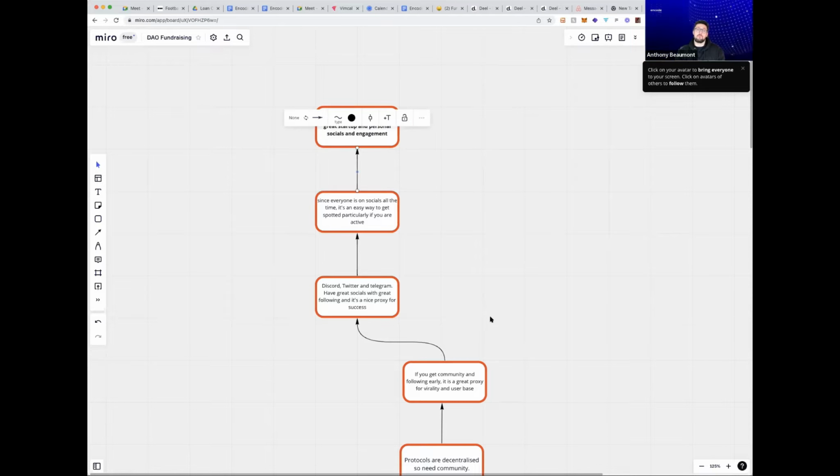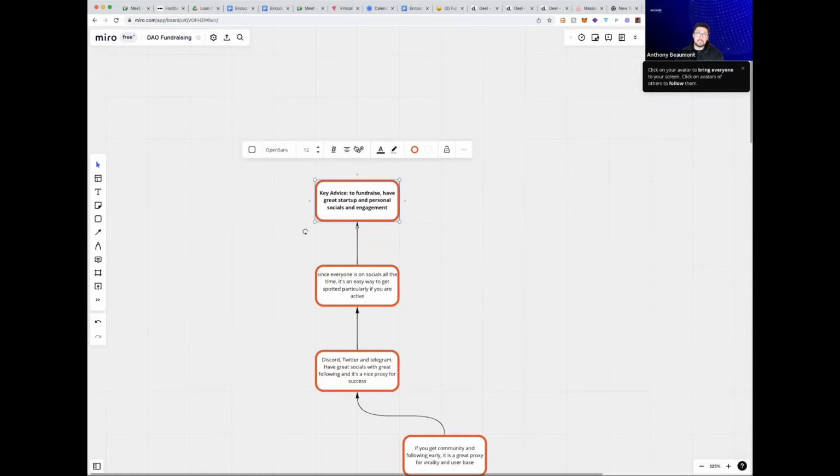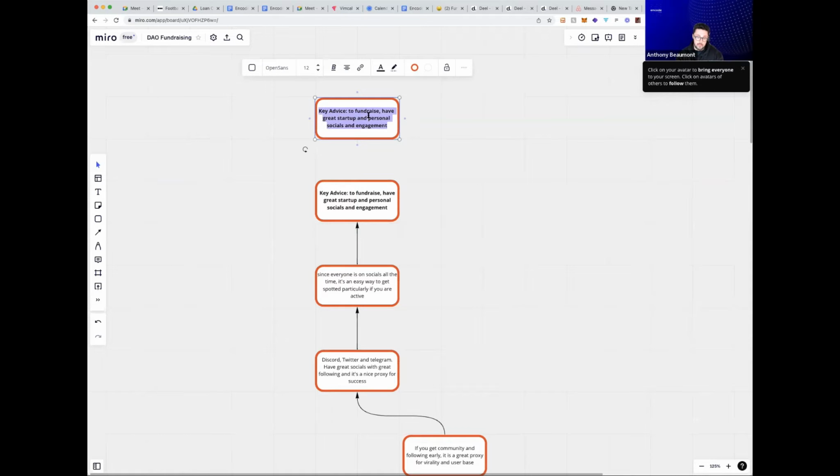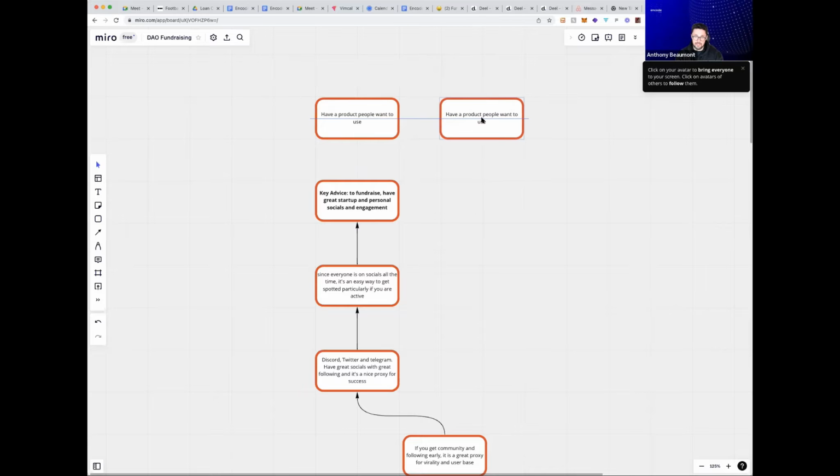Linked to this is some other core advice. First, have a product people want to use. Second, you want to have an engaging narrative or topic area, e.g. DAOs right now, DAO tooling. That's why you're doing this hackathon.